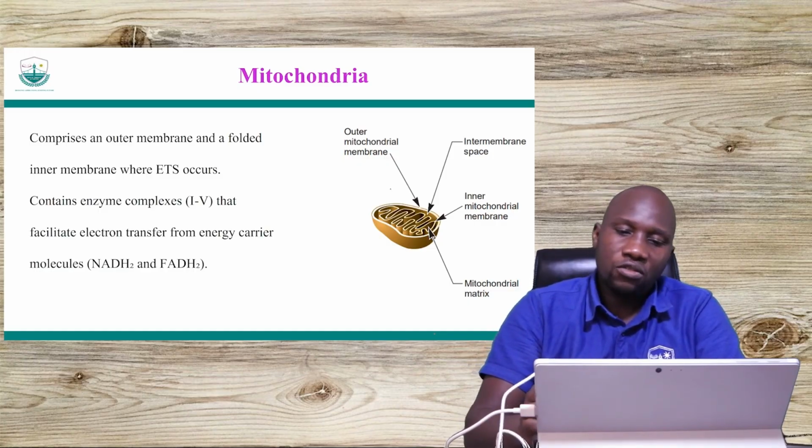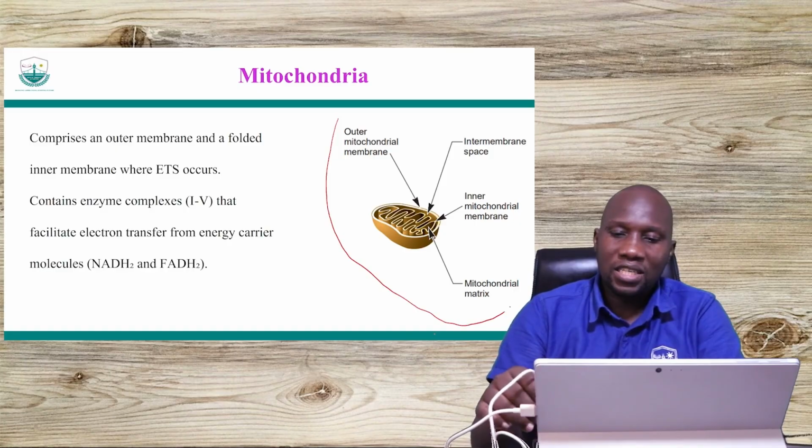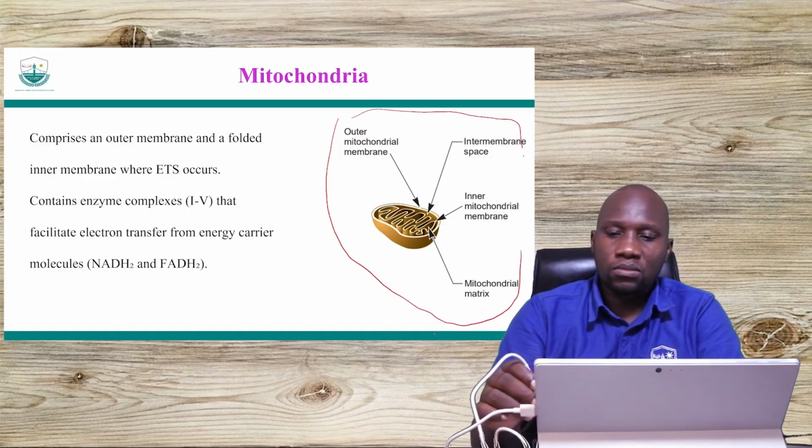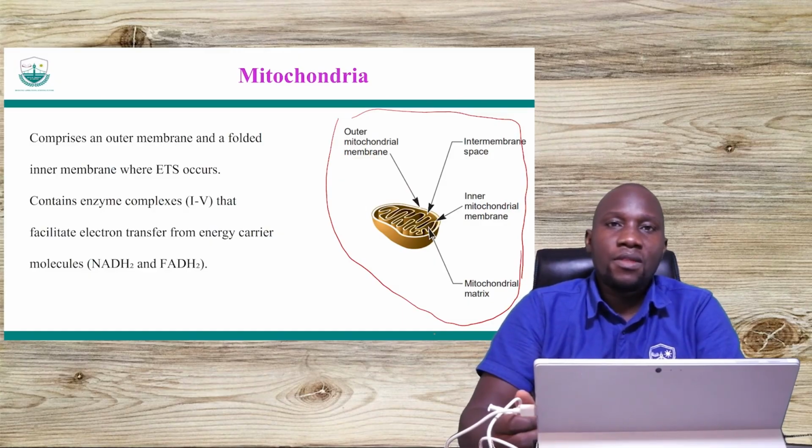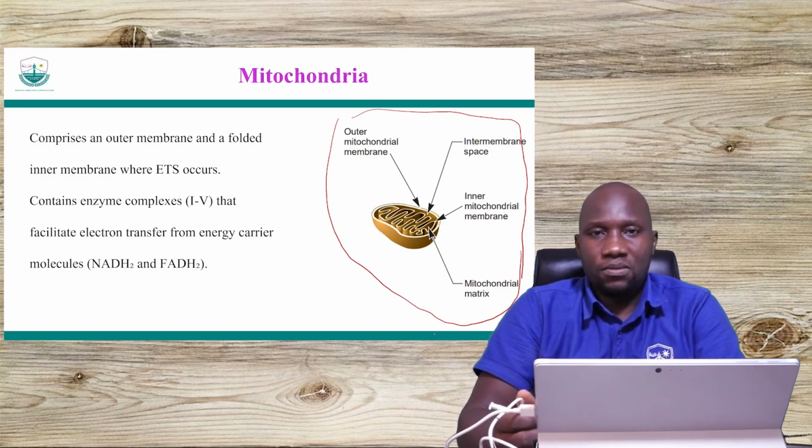In cytology, we said that the mitochondria is the powerhouse of the cell. This means that it is used to generate energy, and that energy, of course, is in the form of ATP.